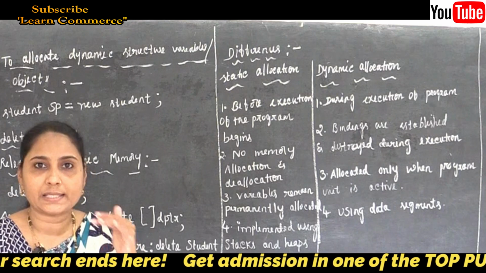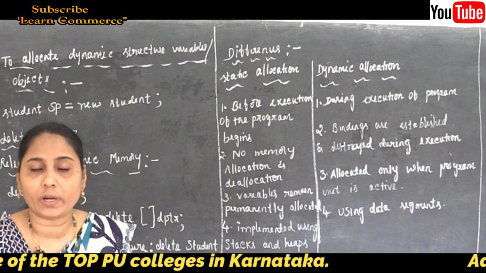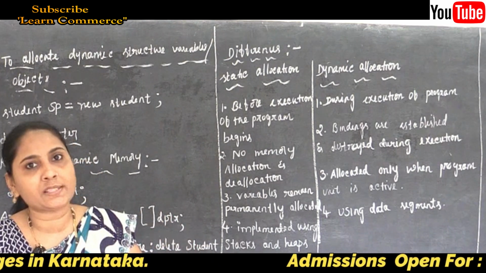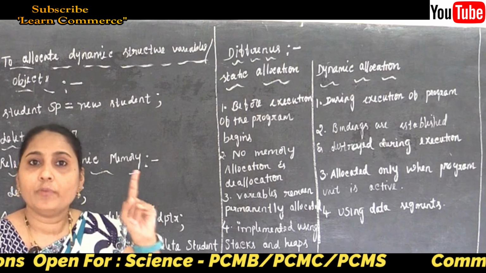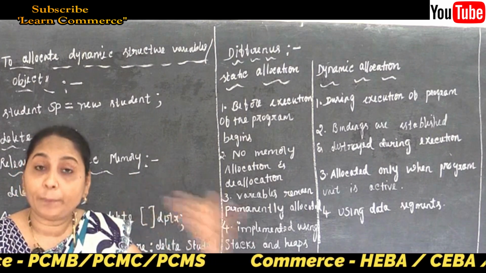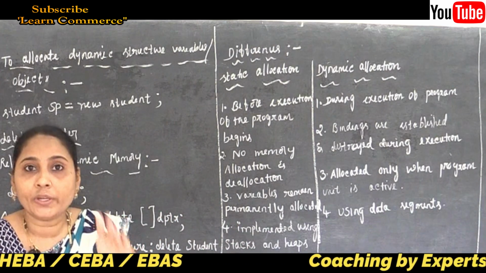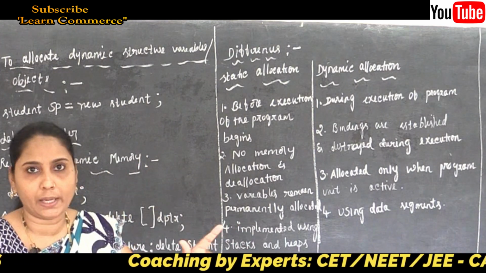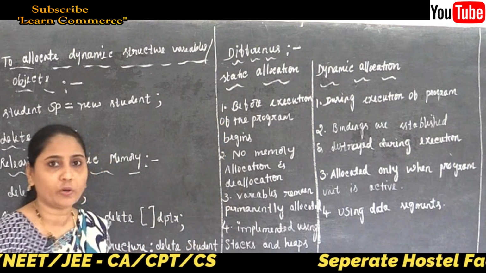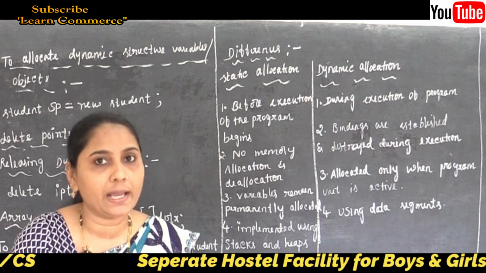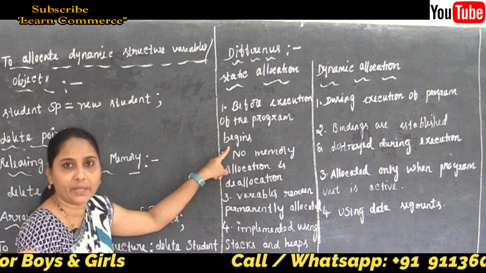Because in any program, simple or complex, first of all we need to declare the variables, and depending on the data type, we know how much memory is going to be reserved for each variable. So in static allocation, the memory is allocated before the execution of the program begins. Clear?